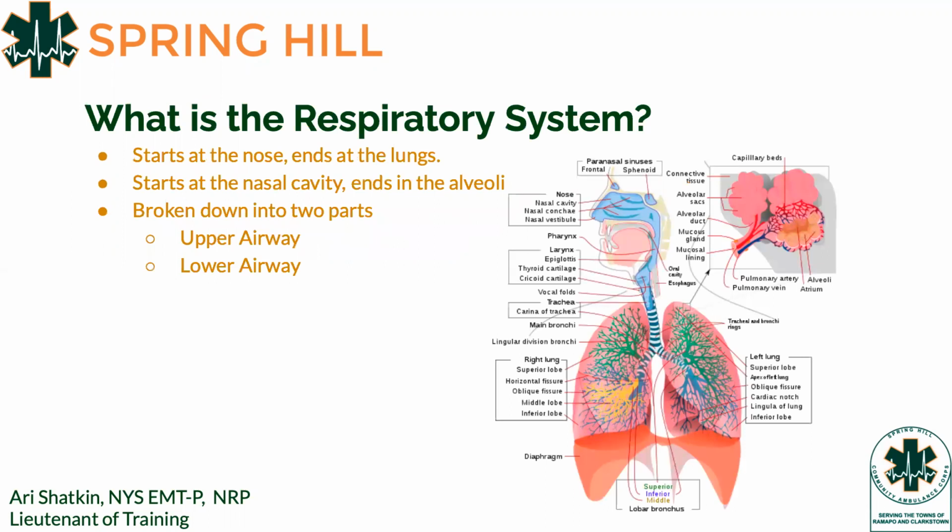So first, we're going to start with the respiratory system, right? The respiratory system, as we probably all know, starts at the nose and ends in the lungs. From EMT school, we understand that's a vast array of various tubes that go down smaller and smaller and smaller until we reach the alveoli deep in the lungs. The airway is broken down into two parts: the upper airway and the lower airway.